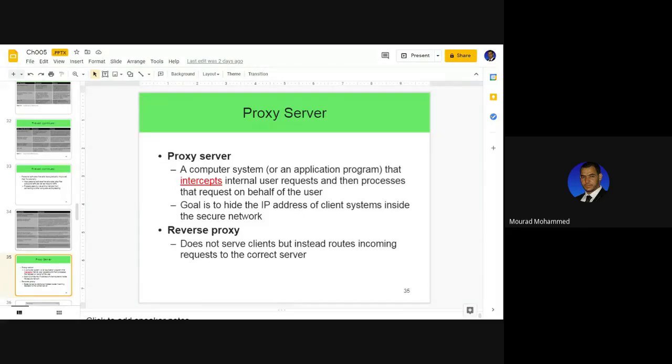So this is the first definition to give you of what a proxy is.